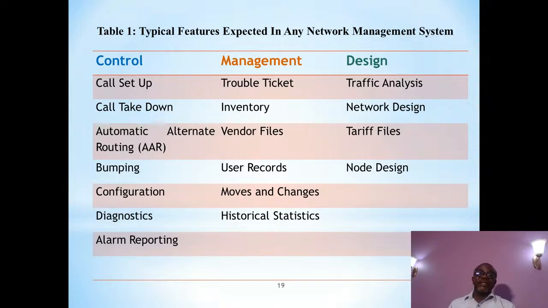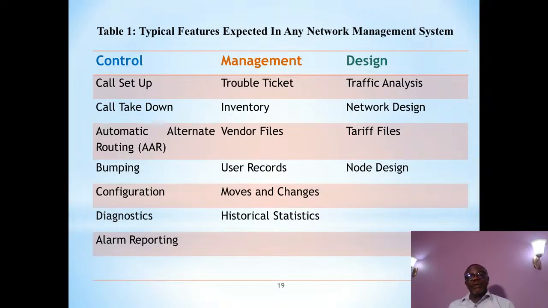Then under the management, we have what we call trouble ticket in case there is a failure somewhere or something is happening somewhere and communication is not taking place. Then you should be able to know, because of the vast coverage, the locality where the fault is coming from.